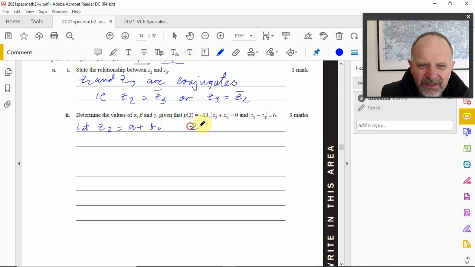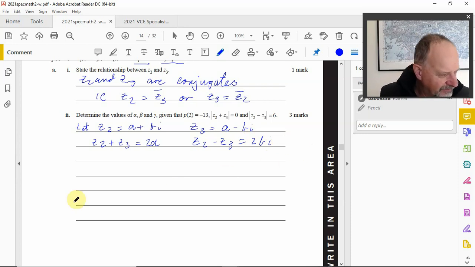And because Z3 is the conjugate of that, Z3 would be A minus Bi. So Z2 plus Z3 then would be 2A, and Z2 minus Z3 would be 2Bi.